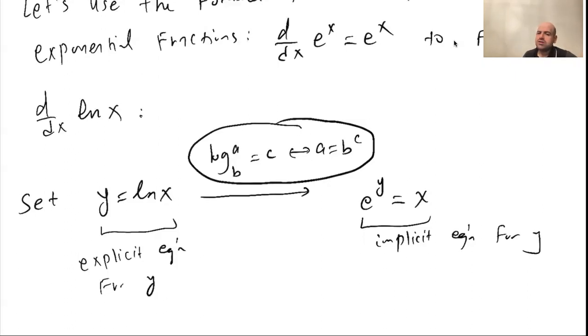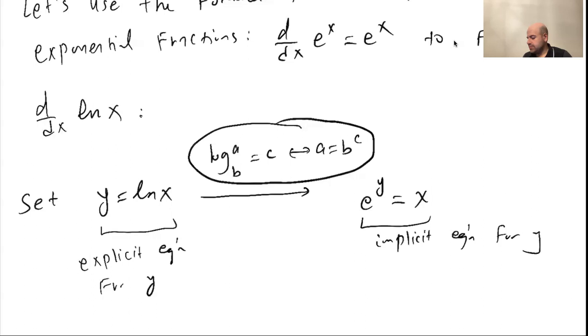If you have an equation of the form y equals some function of x, then it's explicit. Anything other than that would be considered implicit. So the first equation is y equals a function of x, so it's explicit. But the second equation is not of that form. It's like e to the power y equals x. So this is considered implicit.